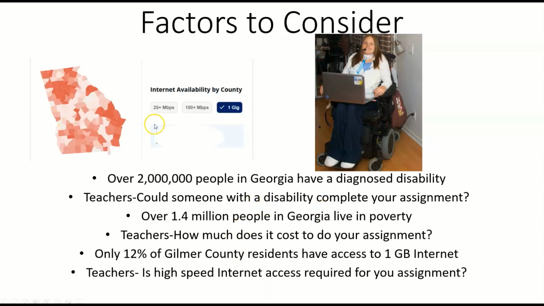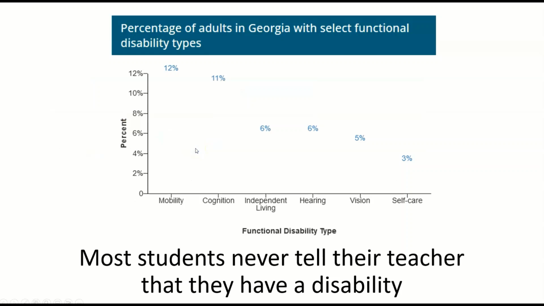And the internet varies across Georgia. Almost all counties have internet access, but some have high speed and some don't. So that's important to consider. What about disabilities? You'd be surprised to know that this is the percent of adults in Georgia with these disability types. So there's all kinds of types they could have, and they could be hearing, vision, cognition, mobility, later independent living, though that may not be as common for K-12.